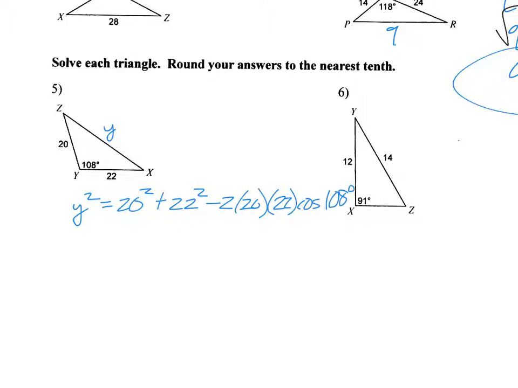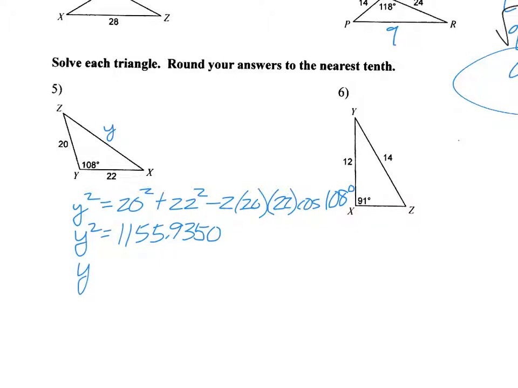So again, I'm going to type all that stuff in. 20 squared plus 22 squared minus 2 parentheses 20 parentheses 22 cosine 108. So I get y squared equals 1155.935 if it rounds. Then I'm going to take the square root of that.